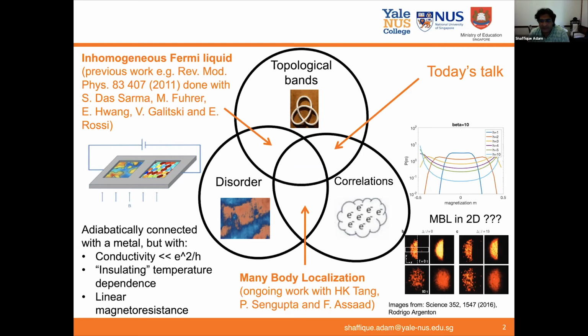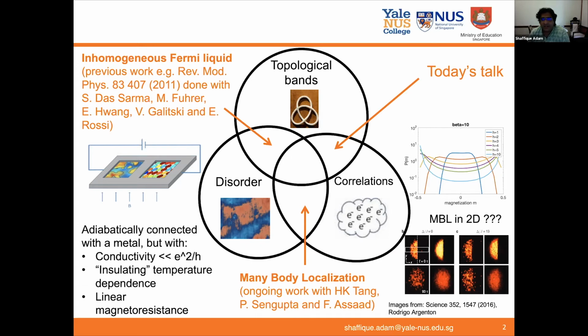And of course, as Marco very nicely discussed, there'll be some repetition, which is good. I will give some of the same examples that he gave when talking about correlations. And then looking at some of the overlap between these areas: what happens when you combine topology with correlations? What happens when you combine disorder with topology and disorder with correlations?